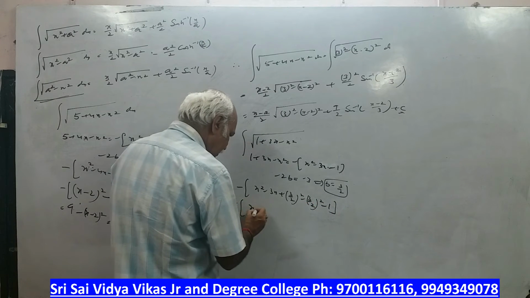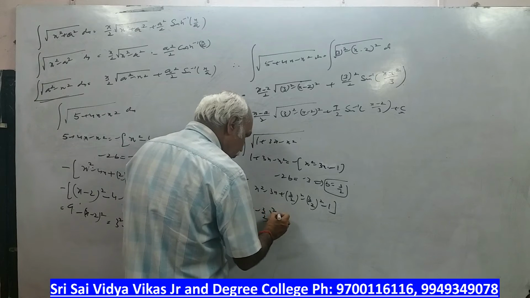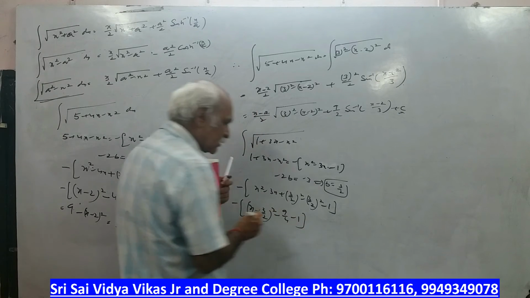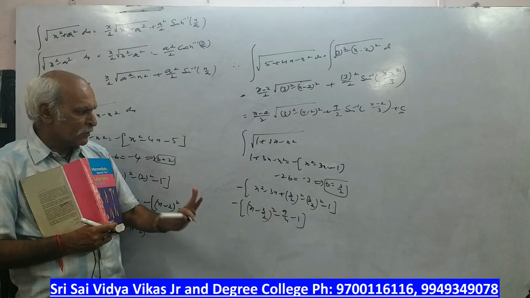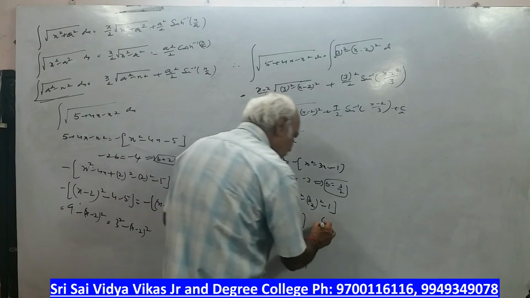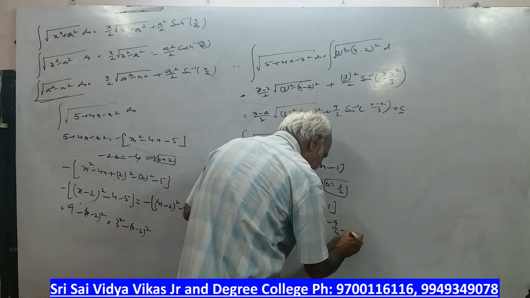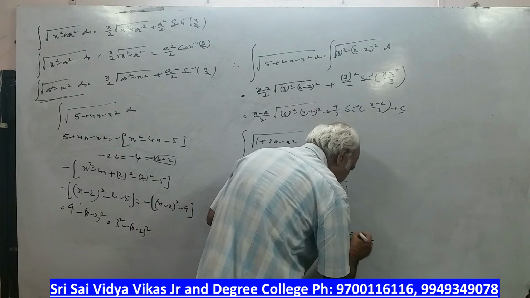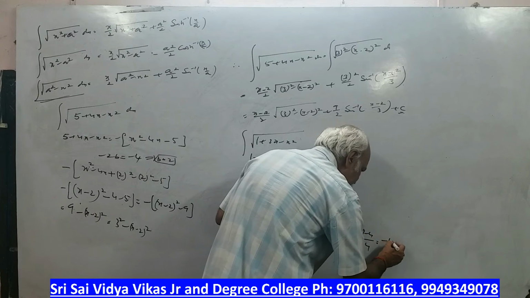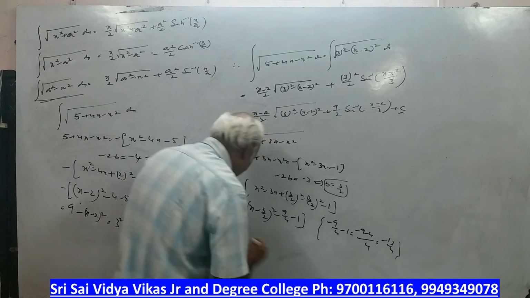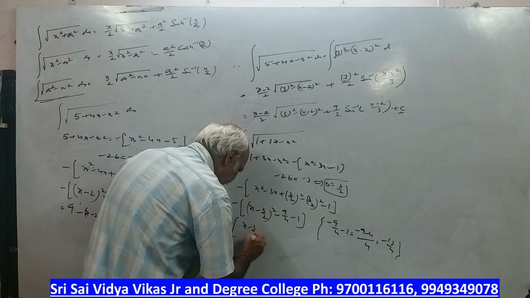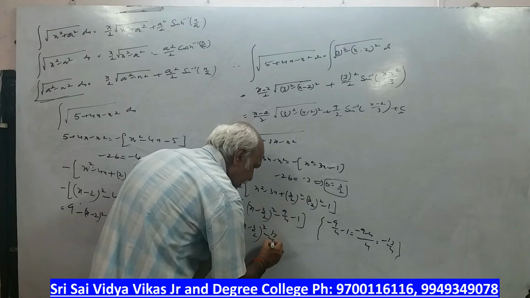So minus of x minus 3 by 2 whole square minus 1. Again same procedure what we have done, same thing we have to apply here. Again put a flower bracket, where fractions are there. When fractions are there, you have to use this method, sir. 4 minus 9 minus 4 minus 13 by 4. So what will happen? Minus of x minus 3 by 2 whole square minus 13 by 4.